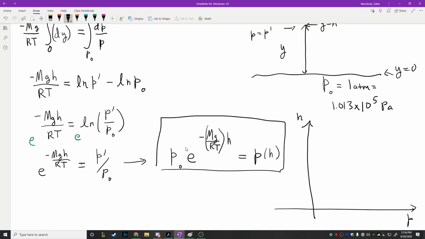So if that's 0, and this is P naught, when h is 0, e to the 0 is 1. So the pressure value would be P naught. That's at h equal to 0. Here, I didn't write that quite right. Yeah, this is h equal to 0, so this would represent P naught.